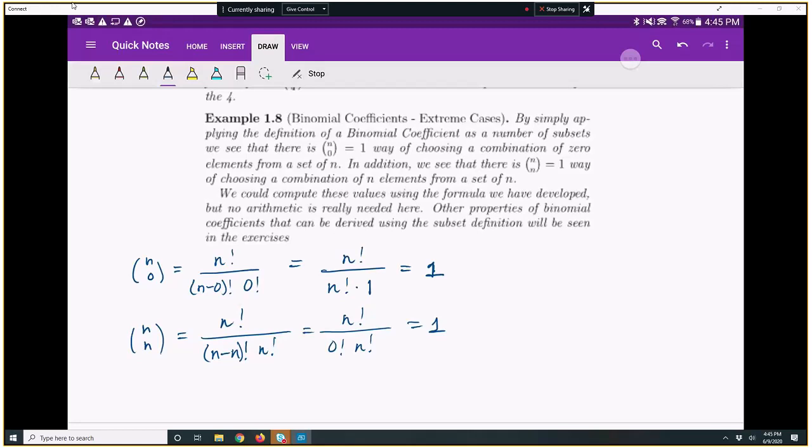So this corresponds to, if we're thinking about the subsets of the set, the empty set and the set itself. We could compute these using the formula, but it's logical enough to just realize that there's only one way to take the entire set from the entire set, or only one way to take an empty set from the entire set.